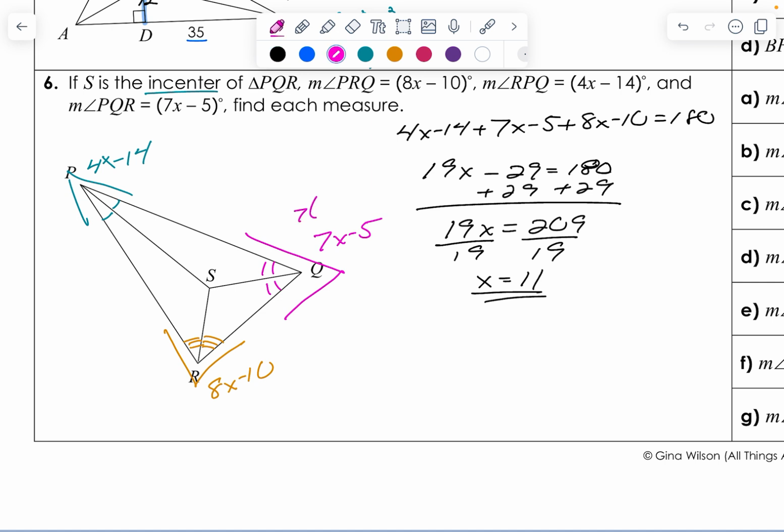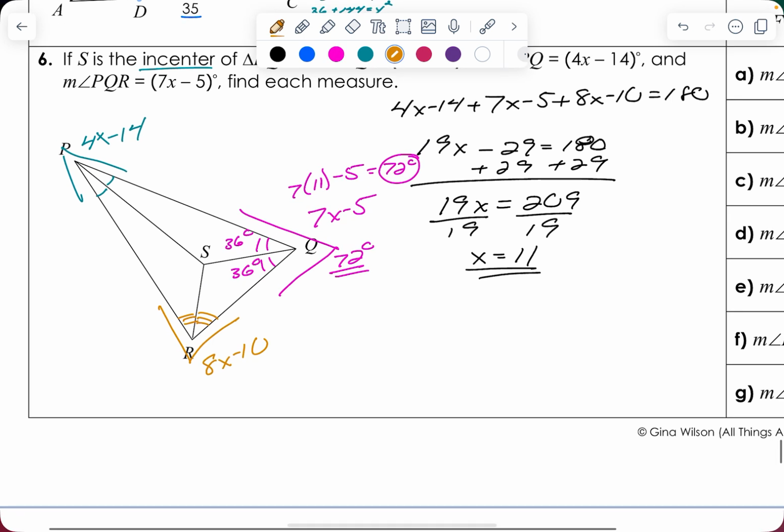So if x equals 11, we can plug that back in here. So in other words, 7 times 11 minus 5, 77 minus 5 is 72 degrees. So this whole thing right here is 72 degrees. Now if we divide 72 in half, that means each of these is 36. Similarly, we can plug 11 in for x here. 8 times 11 minus 10, 88 minus 10 is 78 degrees.